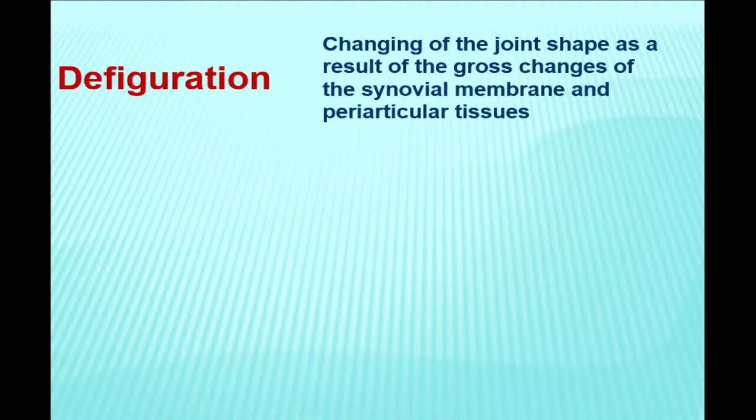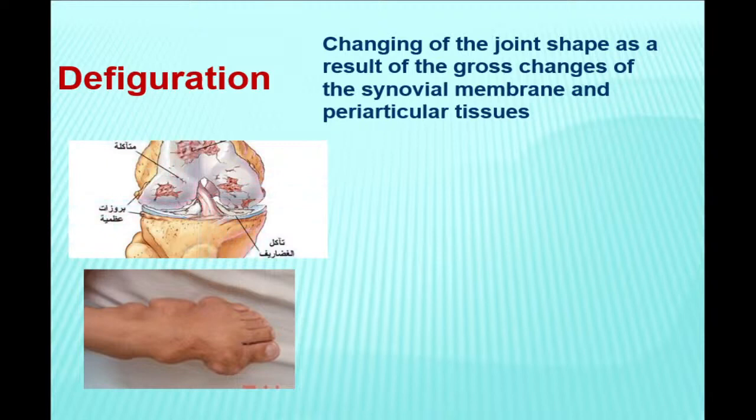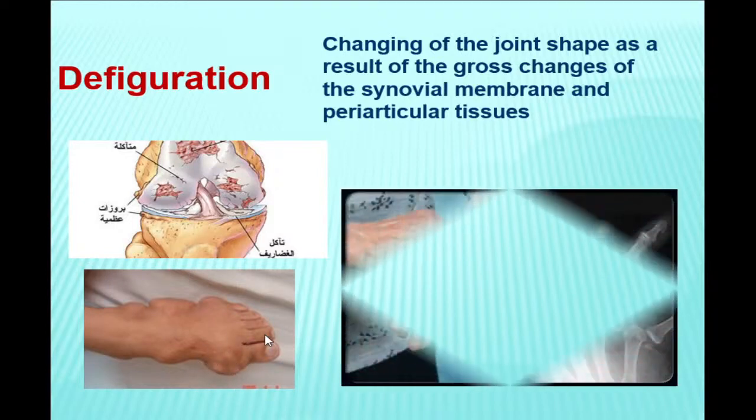The process goes from the joints into surrounding tissue and is accompanied by severe changes of shape and, as a result, functional activity. You see significant deformation of the joints due to collection of uric acid in a patient with gout.